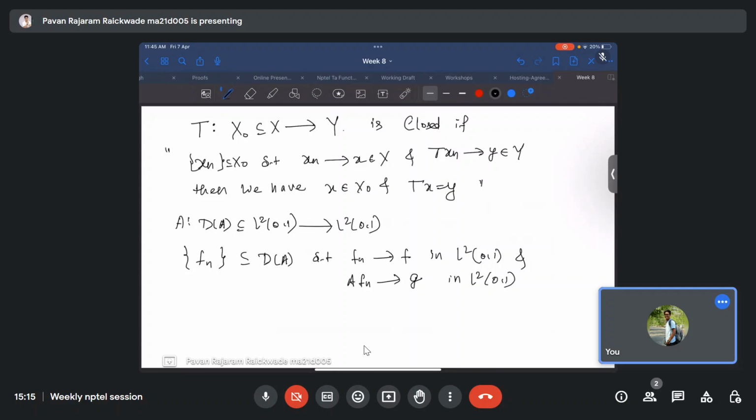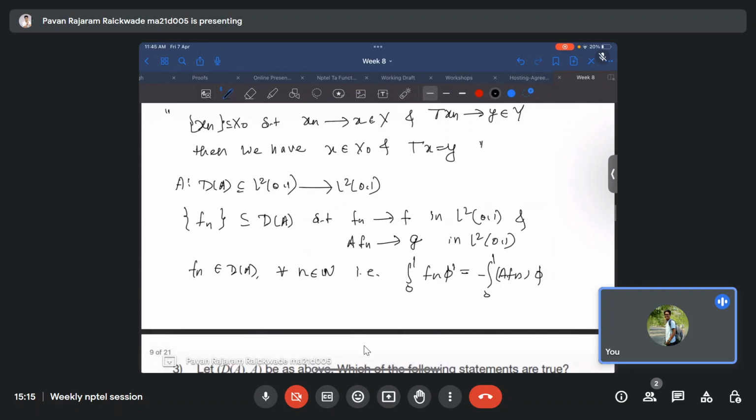So what we have is Fn belongs to the domain of A for all n. That means the integral from 0 to 1 of Fn phi dash is equal to the integral from 0 to 1 of minus AFn times phi.